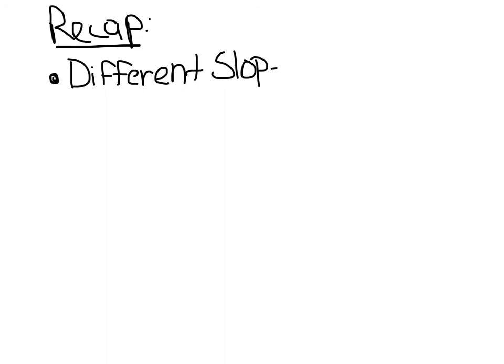So to recap, after we put our lines into y equals form, so we get y by itself, if we have different slopes, then we have one solution.